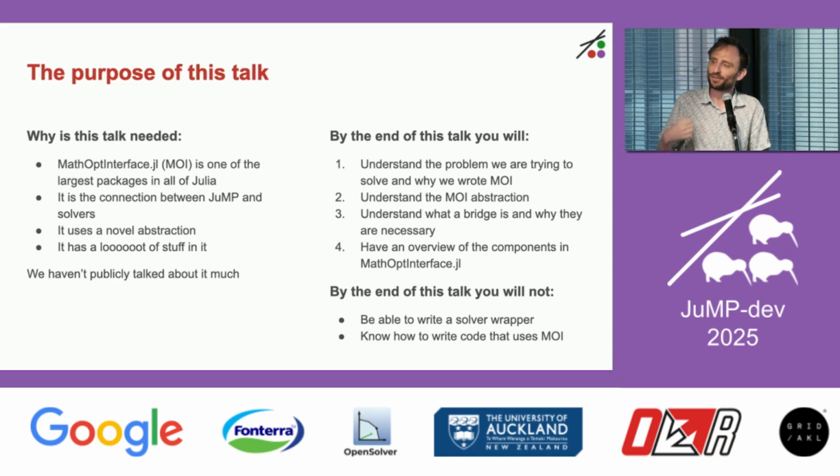AMPL is a great example of this, where in the new versions of AMPL you can write, if x greater than 0, then linear constraint. In JuMP, we don't have those. AMPL have taken a lot of inspiration from JuMP's bridges and reformulations, and they have taken it a step further than even we have.